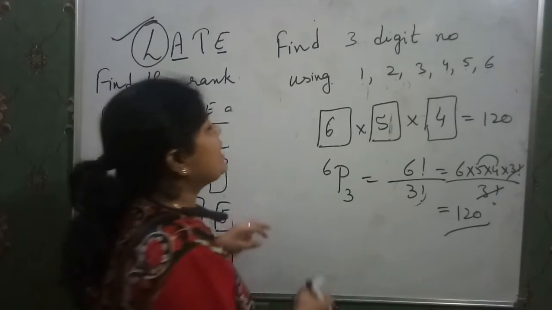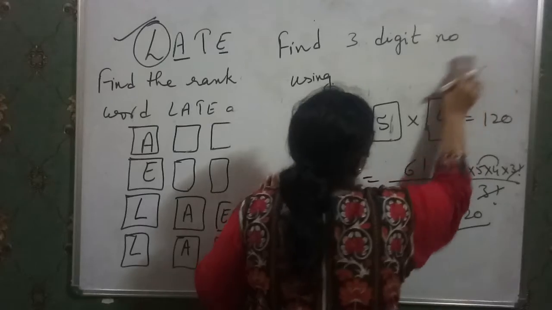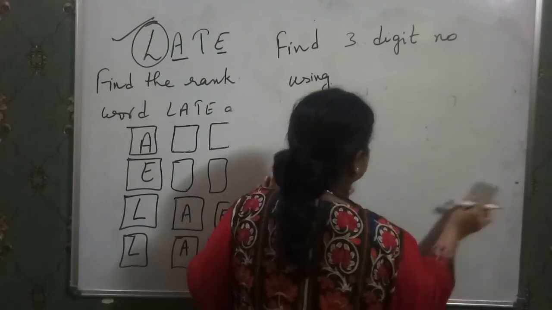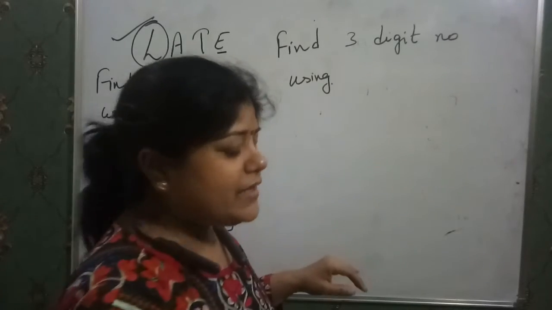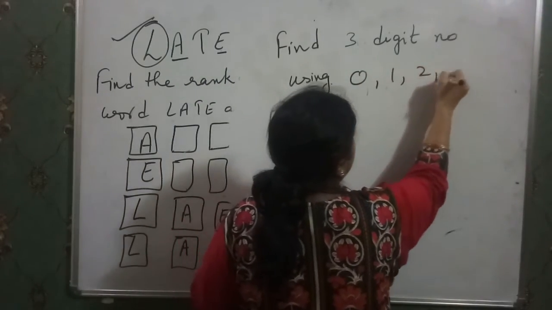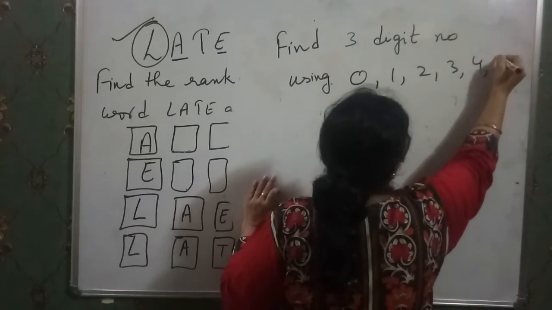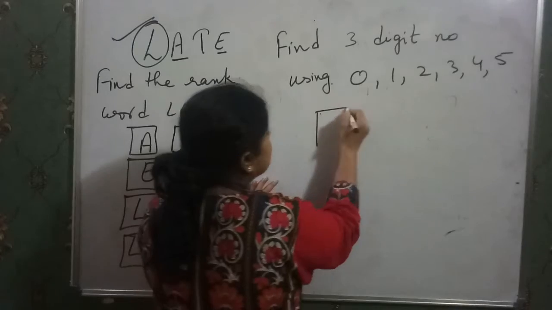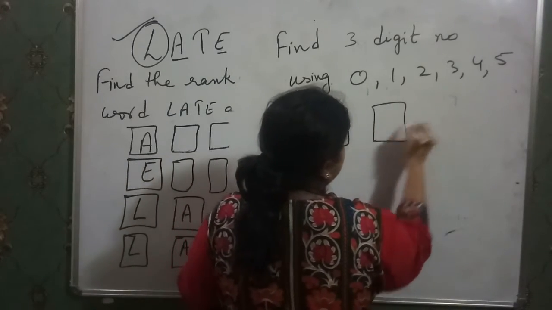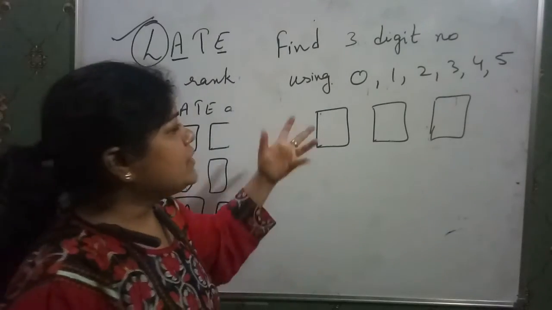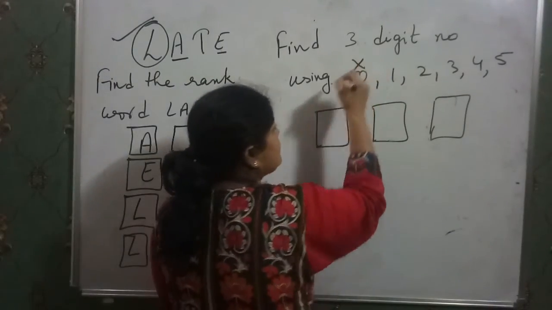And for example, we have another case. Just see over here. The question is like this: find the 3-digit numbers using digits 0, 1, 2, 3, 4 and 5. Now as we know, we have to fill 3 boxes in order to make a 3-digit number. So in that case, we cannot start with 0.